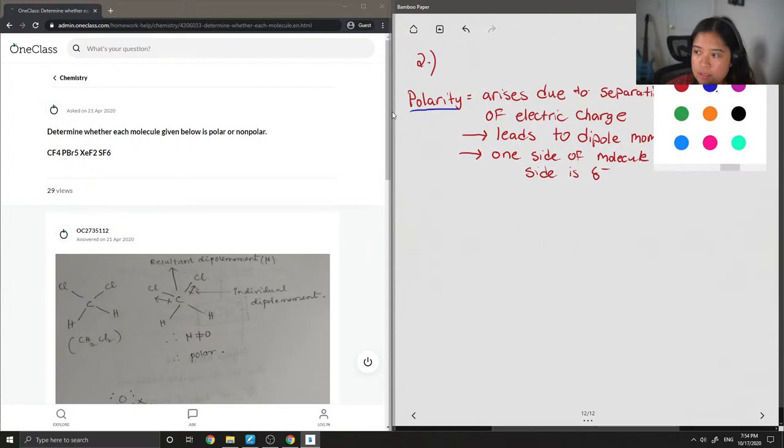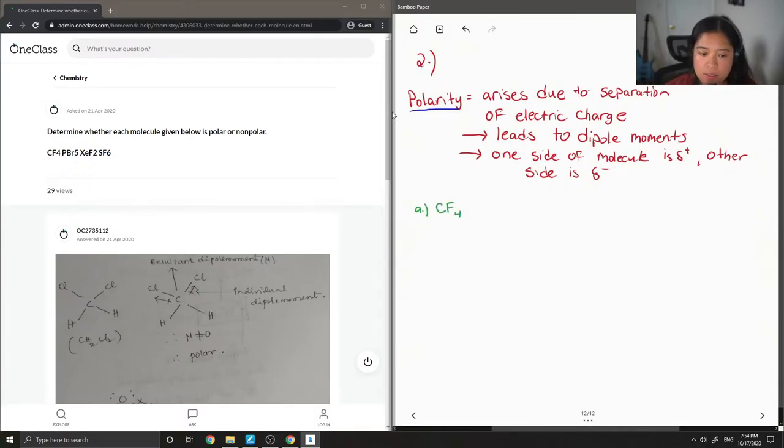Let's look at the options they give us. For A, CF4, let's draw that out. We have our carbon in the middle, and 4 fluorines attached like this.